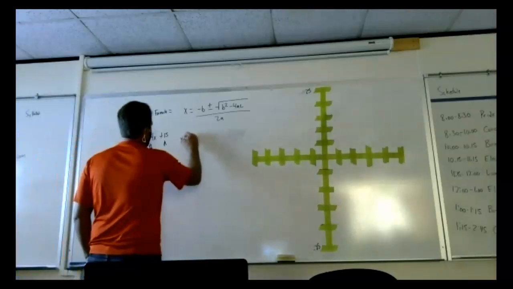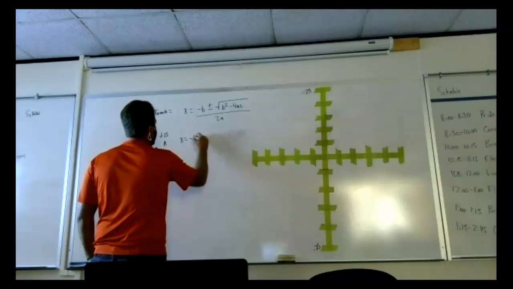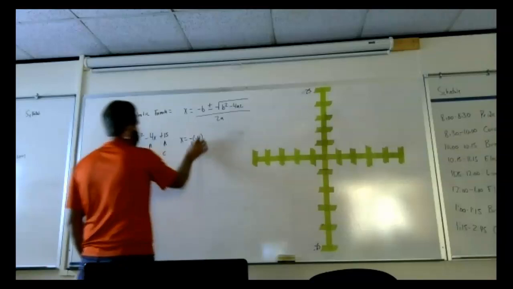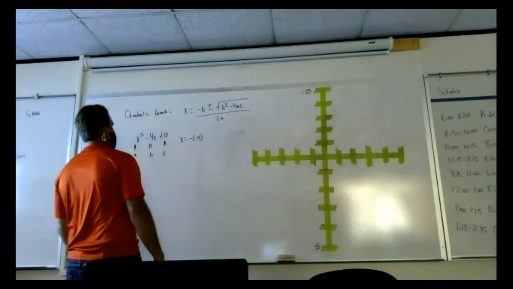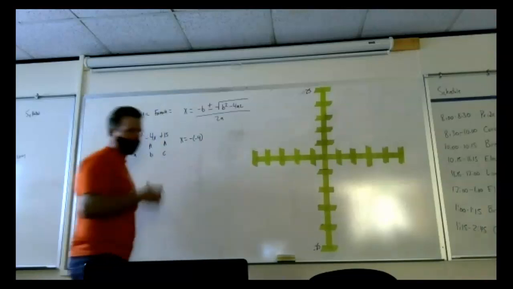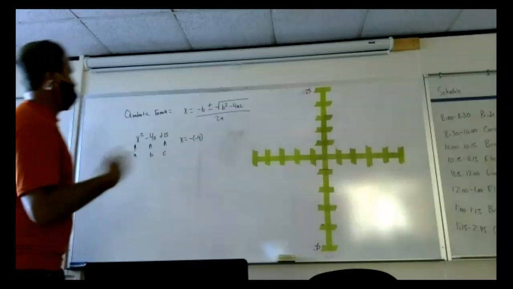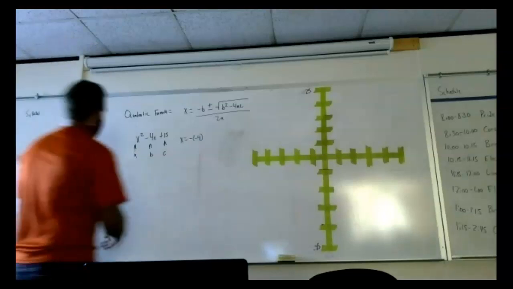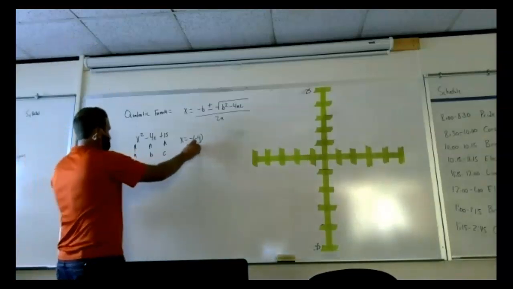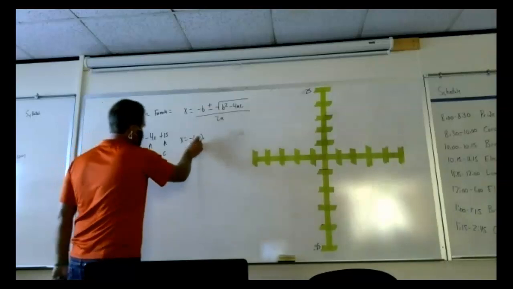So x is equal to a negative 4. So those for B, x is equal to a negative b. It's also referred to as the opposite because whatever you plug in there is going to have the opposite sign when you're working on it. So if it's a negative, the negatives cancel out, and this is going to turn into a positive 4.